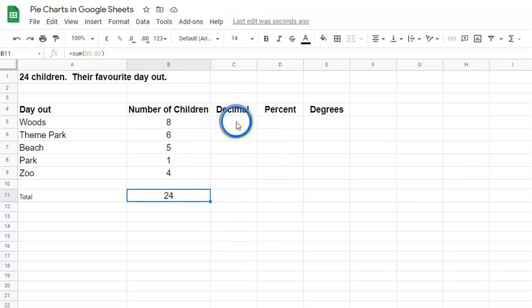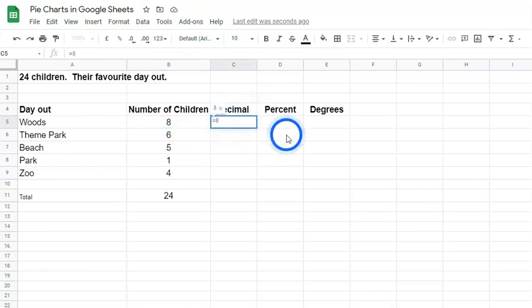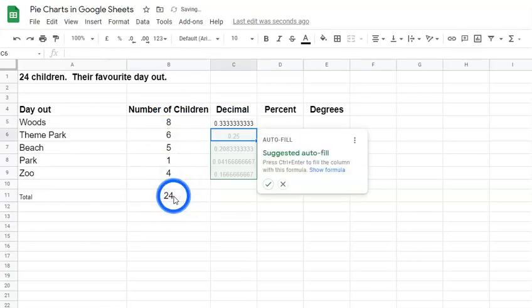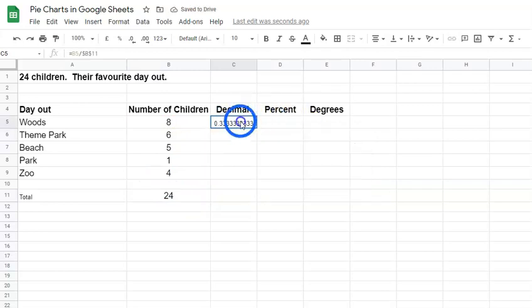We could work out the proportion, or the fraction, if you like, of each of these children. So we know that 8 out of 24 preferred the woods, or said that the woods was their favourite. So if we divide equals 8 over this 24 here, then we can, I'm not going to autofill, then we get our proportion as a decimal.